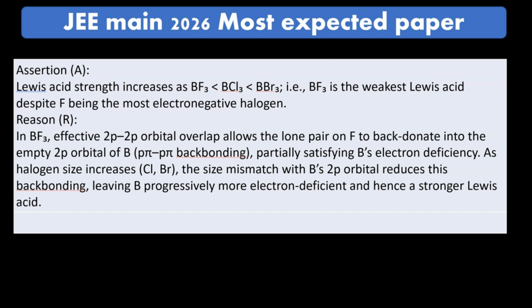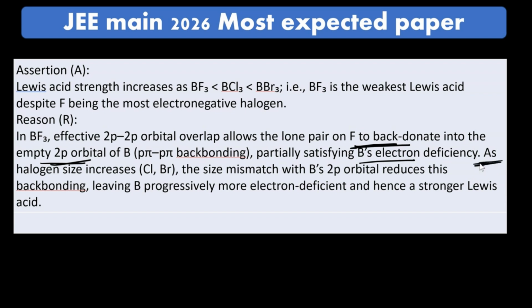Because F withdraws the most electron density, boron becomes Lewis acidic, but F gives an effective lone pair that back-donates to the 2p orbital of boron, partially satisfying the boron's electron deficiency.